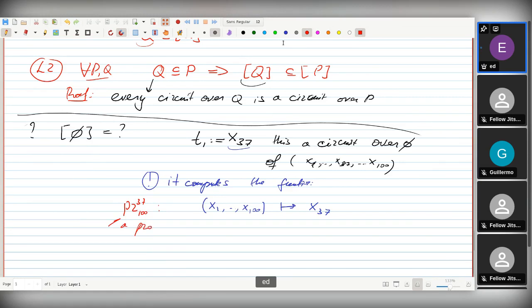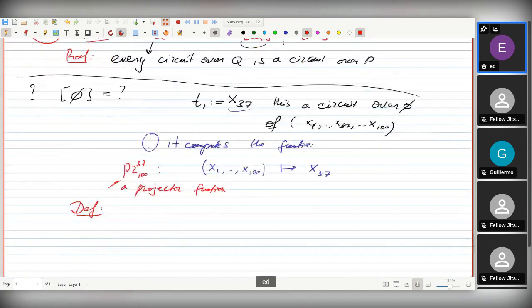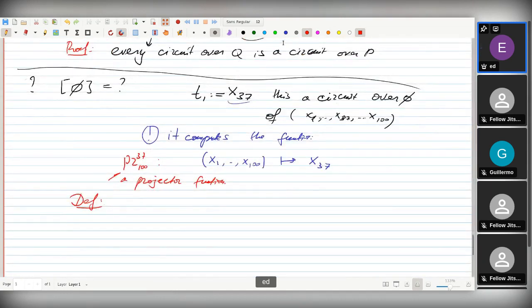By definition, a projector i from n is a function of n Boolean values such that it always returns its i-th argument. Is this idea clear?